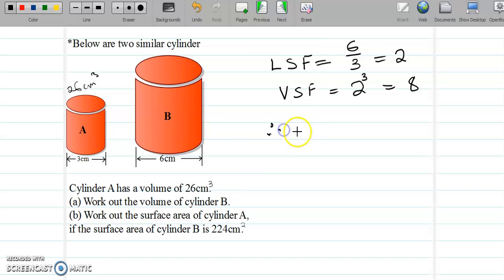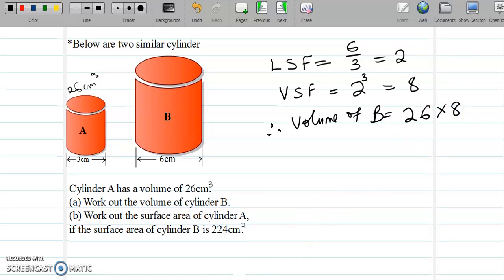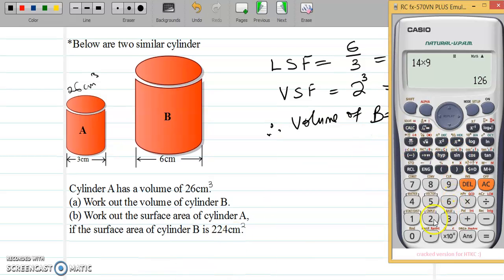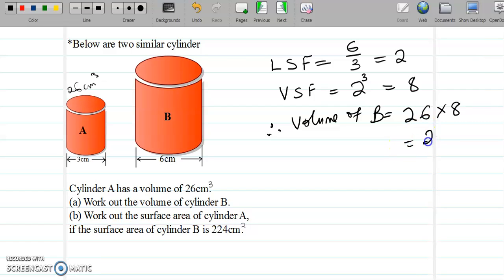Therefore, the volume of B will be the volume of A multiplied by the volume scale factor, which is 26 multiplied by 8, and 26 multiplied by 8 is 208. So this gives us 208 cm cube.